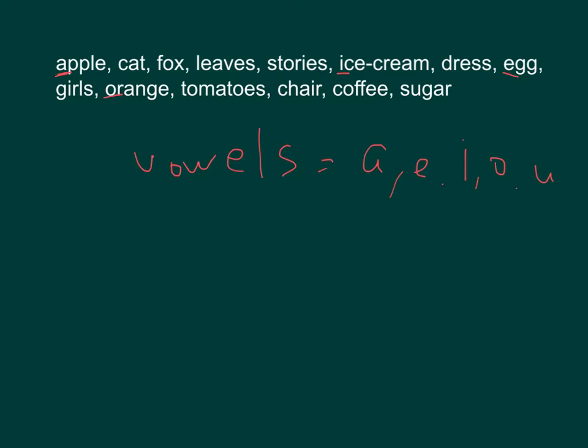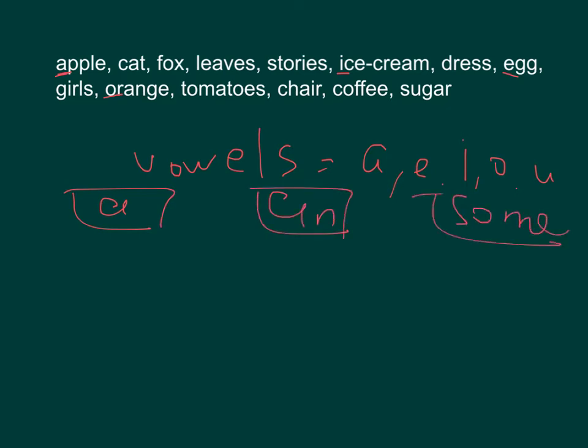So here we use a, an and some. We have 3 columns. Okay, so put the nouns down below. So number 1, apple. It's simple. We use an, right? An apple.